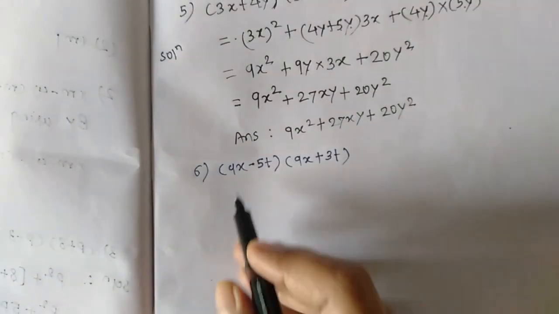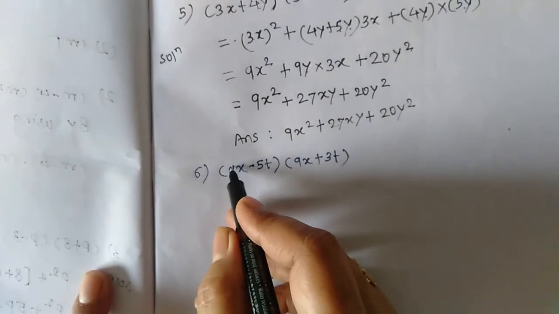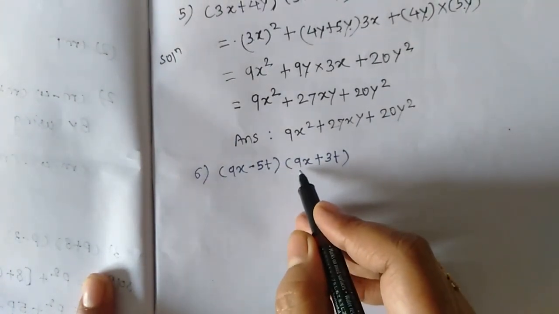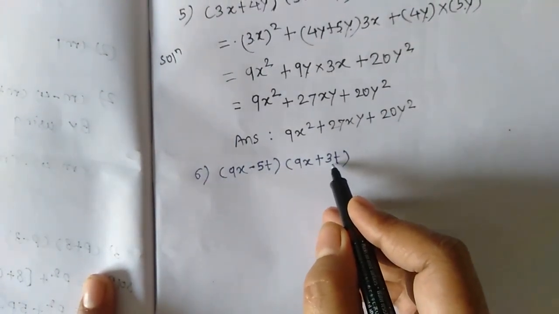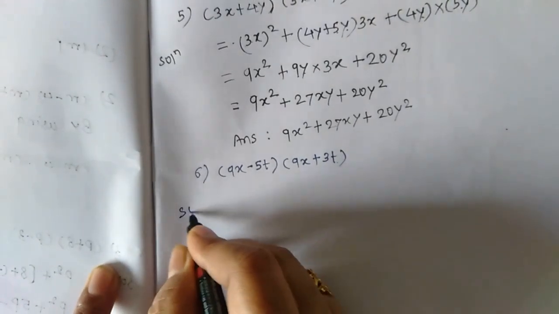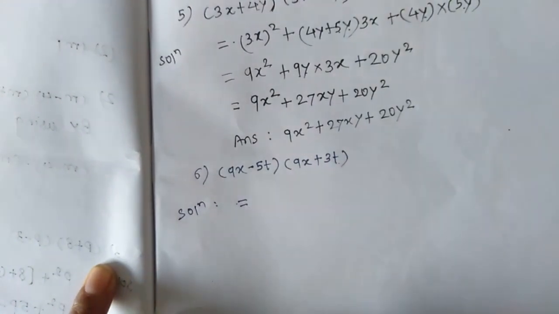See the sixth question. 9x minus 5t into 9x plus thrice t. So solution by applying the formula.